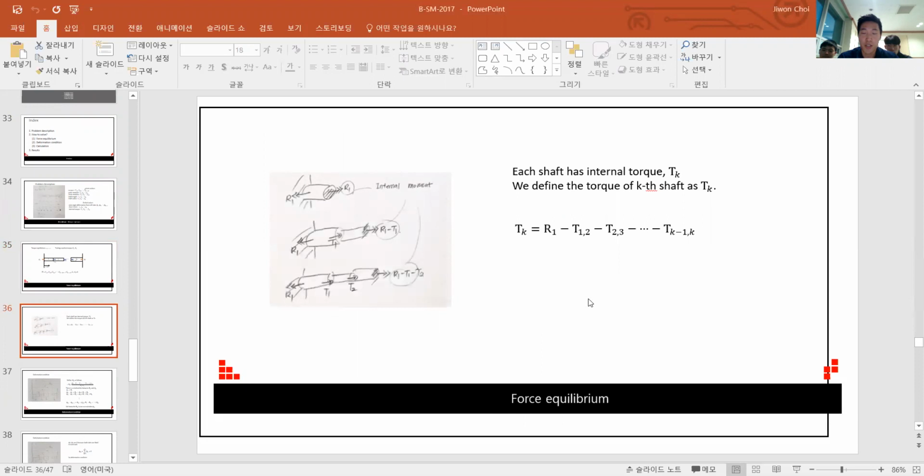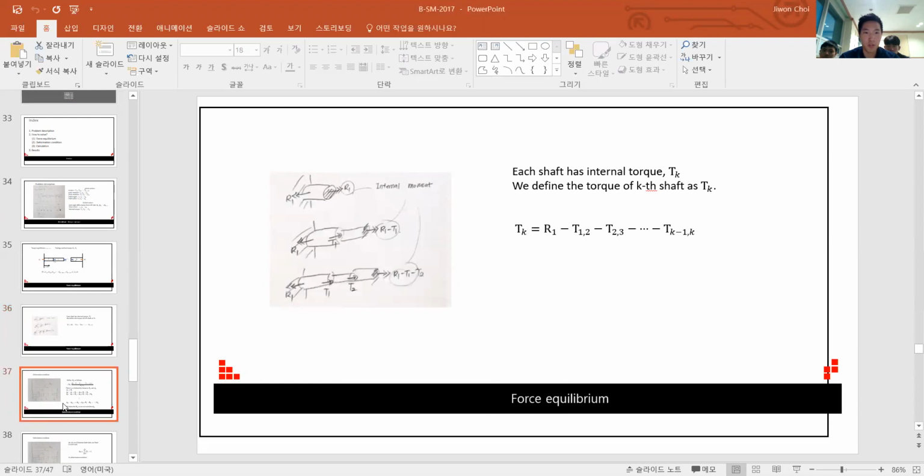And each shaft has an internal torque, Tk. We're going to define this Tk as follows. T1 will be R1, T2 will be R1 minus T1,2, and so on. Tk will be R1 minus T1,2 up to minus Tk-1,k.